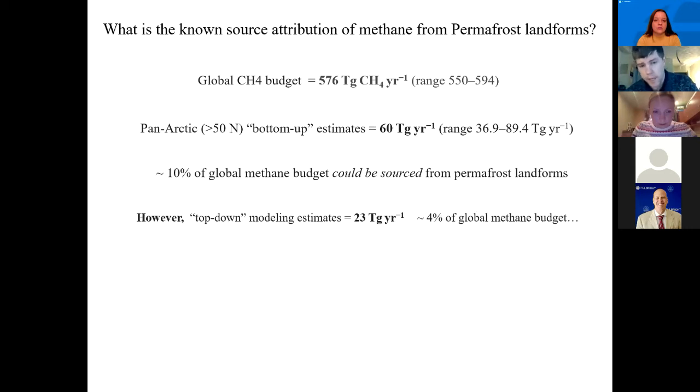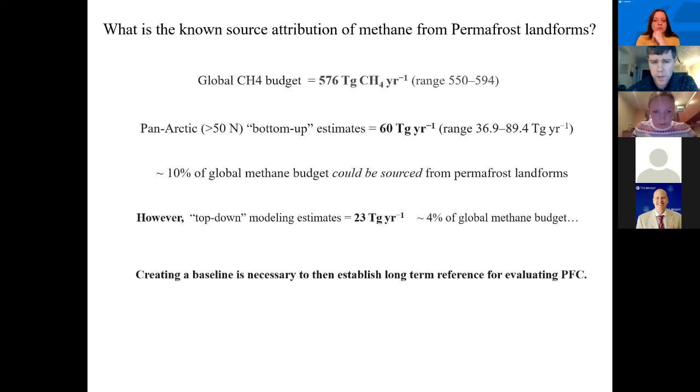However, top-down modeling estimates are even lower. This is modeling estimates from atmospheric flask networks. They only estimate about 4% of the global methane budget is from this Pan-Arctic region, including the permafrost. So it's somewhere between 4 and 10% of the global budget, which is low.